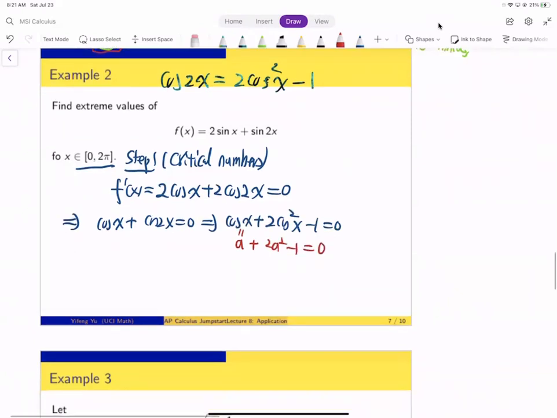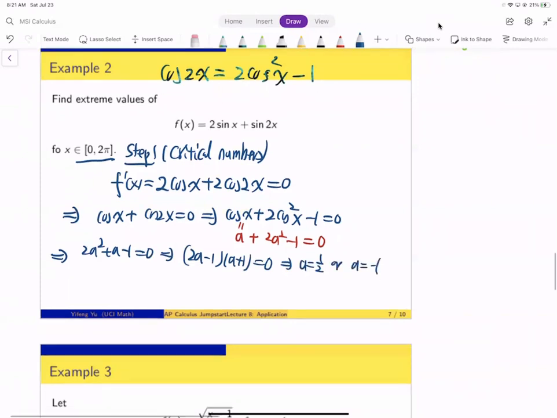You can solve this by factorizing: 2a squared plus a minus 1 equals 0, so 2a minus 1 and a plus 1 equals 0. Then a is 1/2 or a equals negative 1.